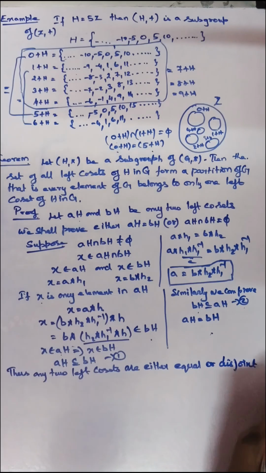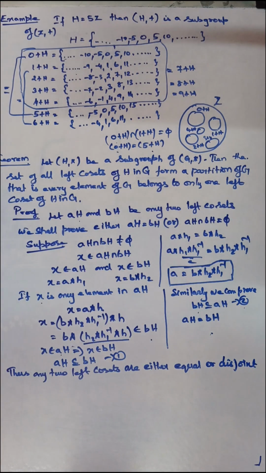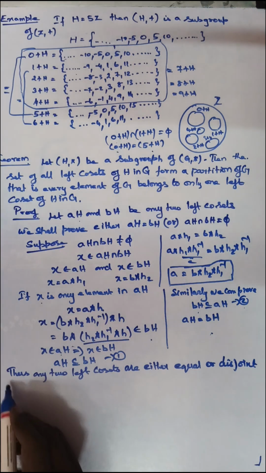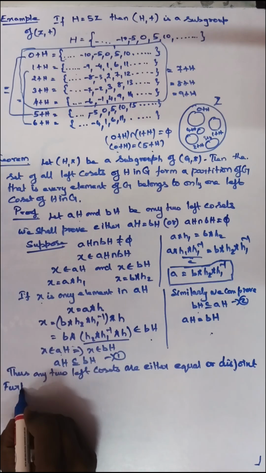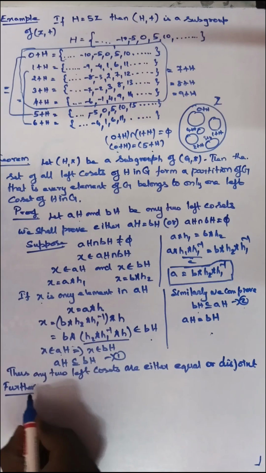Either equal or disjoint. Any two left cosets are either equal or disjoint. Further, we extend to the general form, for the nth term.